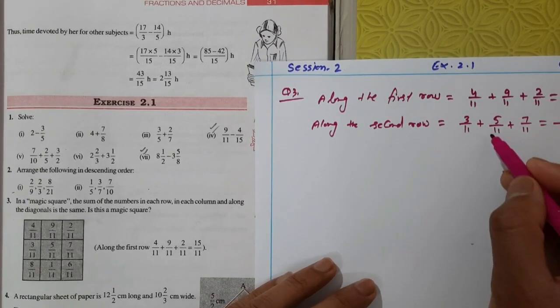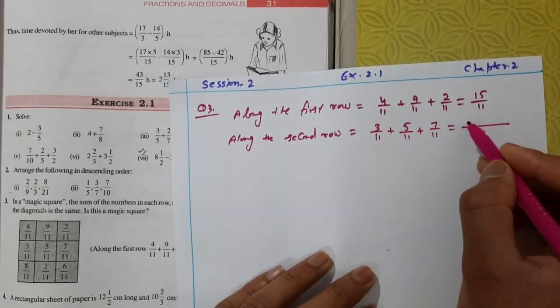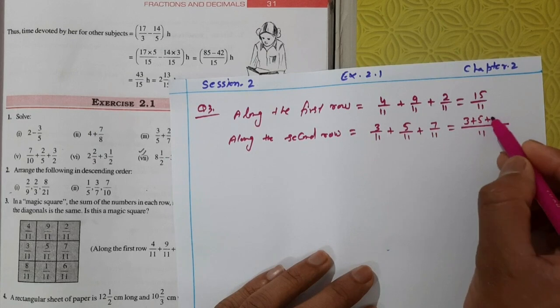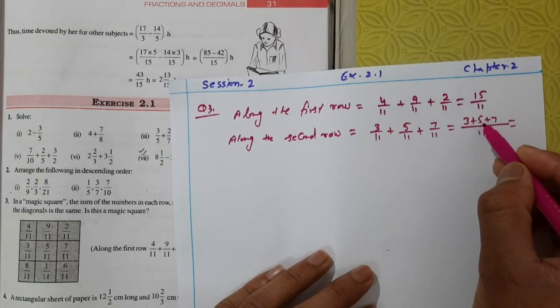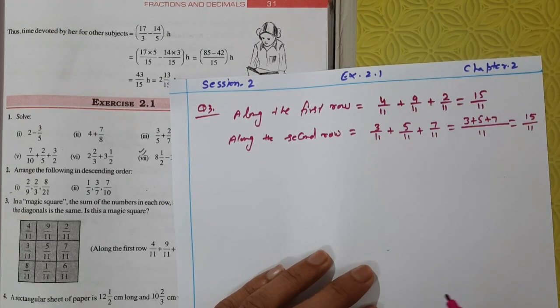Here denominators are the same, so we can write 11, and the sum of numerators 3 plus 5 plus 7 equal to 3 plus 5 is 8, 8 plus 7 is 15 upon 11.